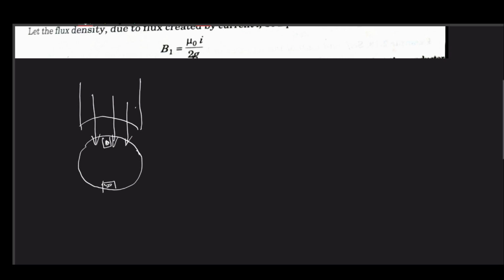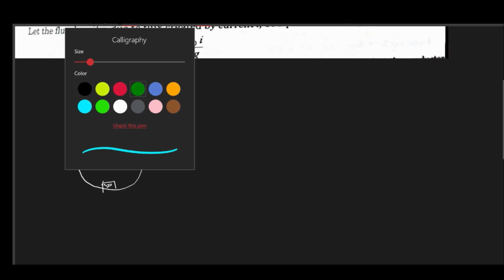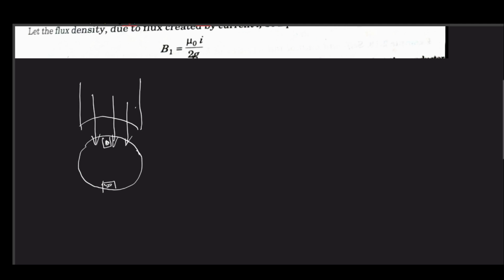They will produce their own set of mmf. Say this one is cross, or even if you consider this one is dot, you can also figure it out.